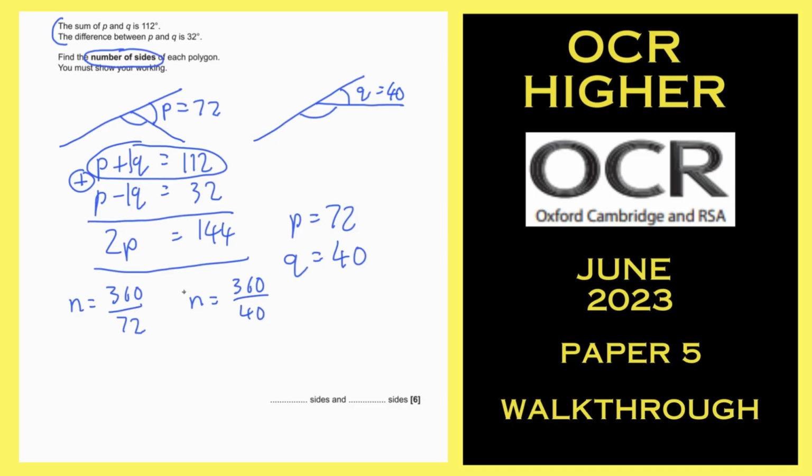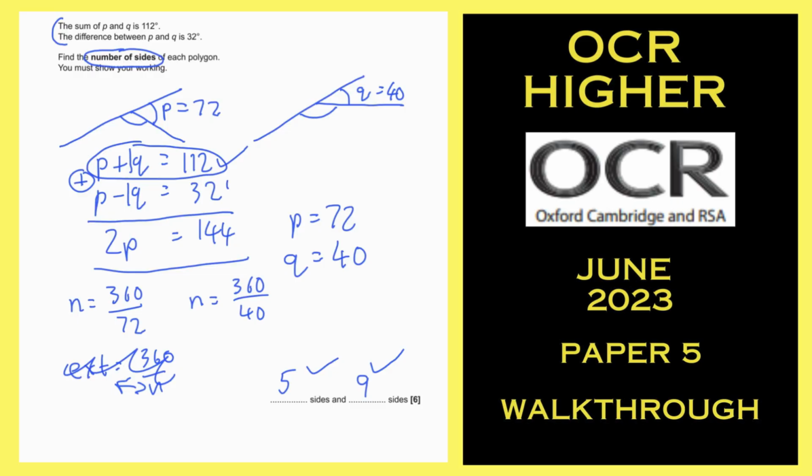What we've done there is just rejigged. I'm sure the formula you've seen before is in a slightly different form, where the exterior angle is 360 divided by n. We've just flipped them around. Anyway, 360 divided by 72 is 5, and 360 divided by 40 is 9, in any order.